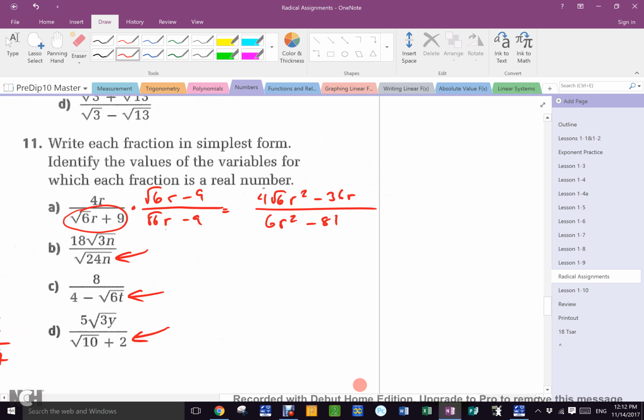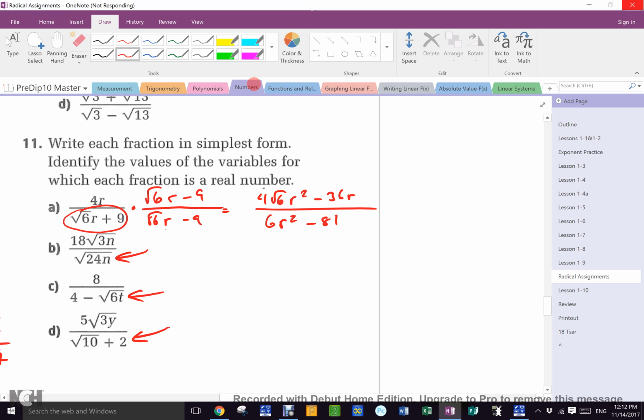I would GCF up top, right? Because we've done our factoring. Have we done factoring? We did GCF factoring. Oh yeah.